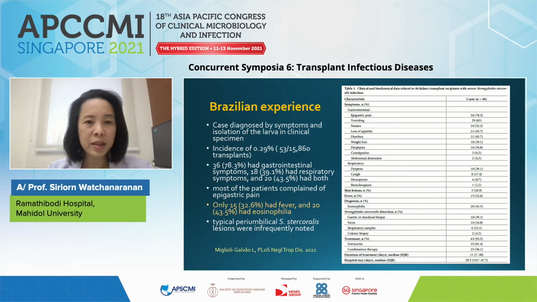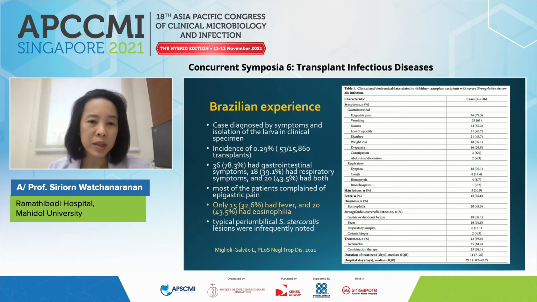This is the Brazilian experience, and on your right-hand side is the table showing that when patients were diagnosed with Strongyloides in this series, based on the symptoms and also identification of the larva in clinical specimens, the most common type of clinical presentation was GI symptoms, with epigastric pain as a major complaint.